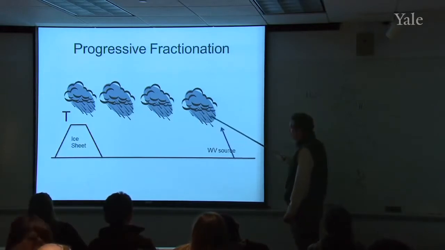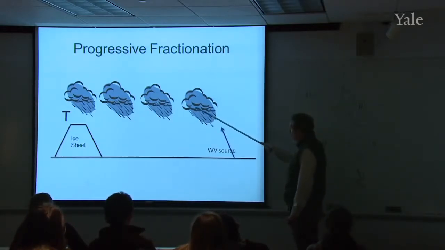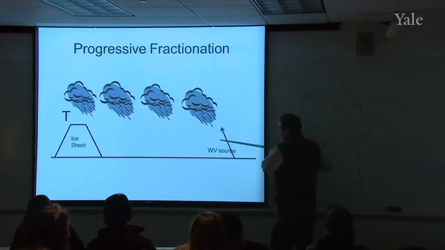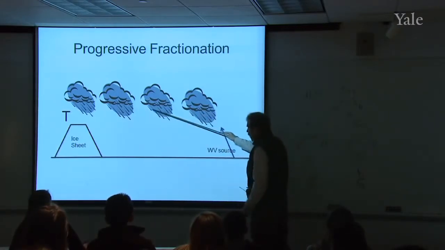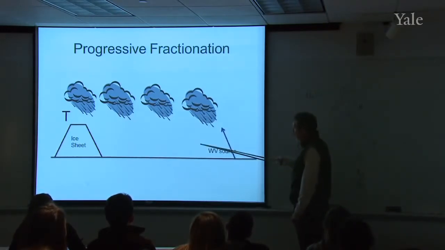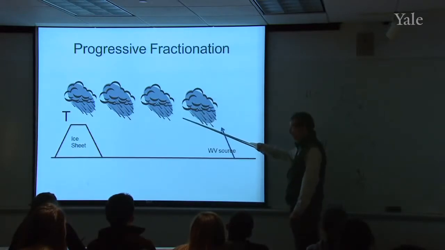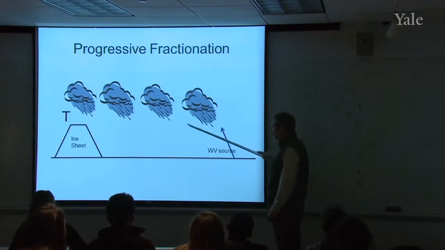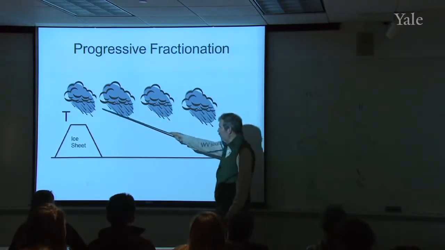Then as this air parcel moves along and encounters different clouds and different storm events, you're going to gradually precipitate out that water. Every time you do so, you're going to be precipitating the heavier vapor, leaving the lighter behind. So the next precipitation is going to be lighter than the first, and still lighter and still lighter.